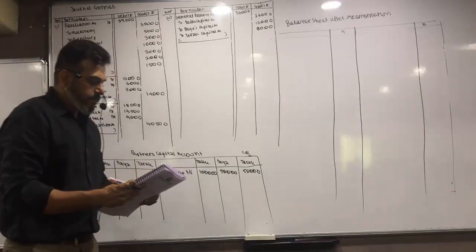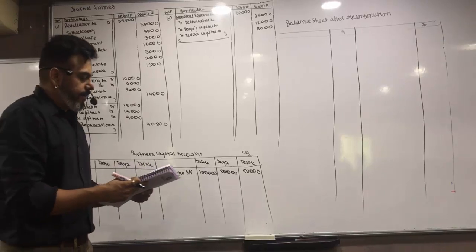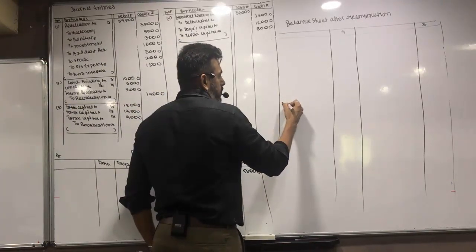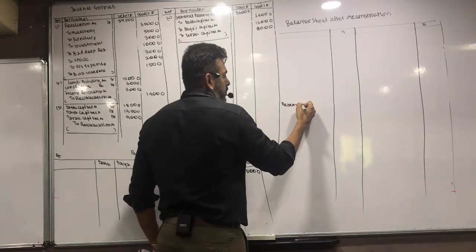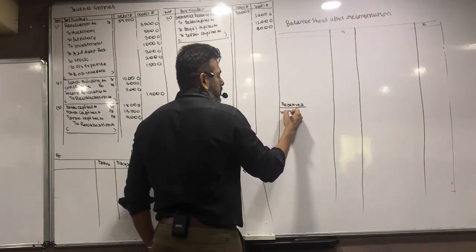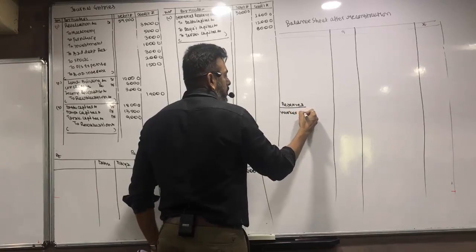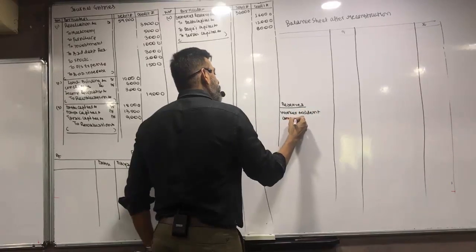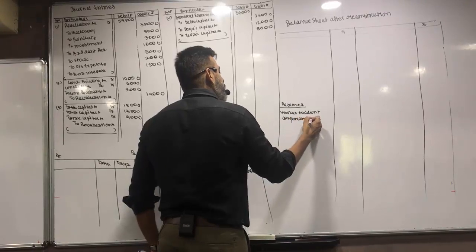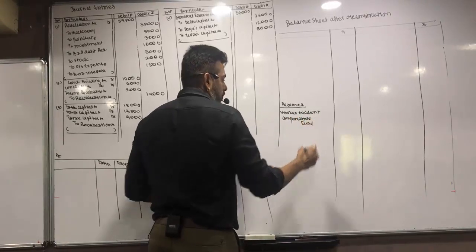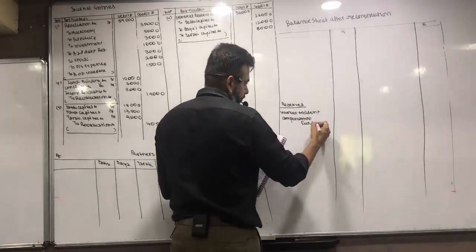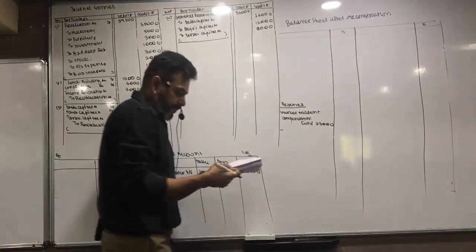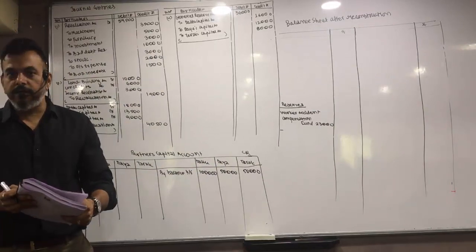Worker accident compensation fund. Now, in reserves, worker accident compensation fund is 23,000. What's the adjustment? 5,000 claim is there.